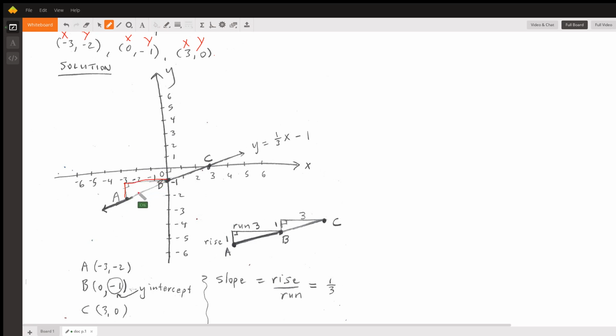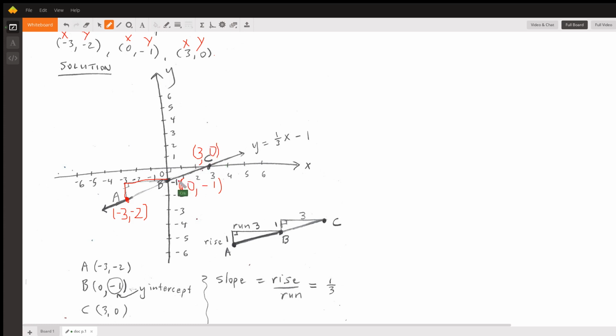And if you notice down here, the coordinate for A is (-3, -2). The coordinate for B is underlined, as we can see, and it's (0, -1). And finally, the coordinate for C is, as you can see, (3, 0).